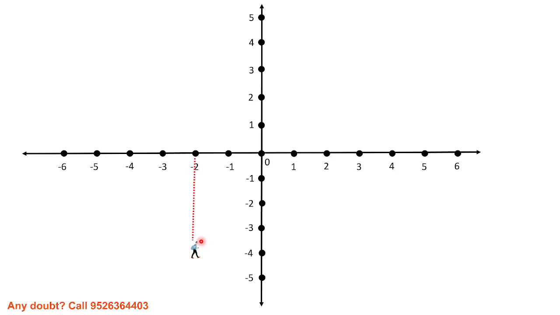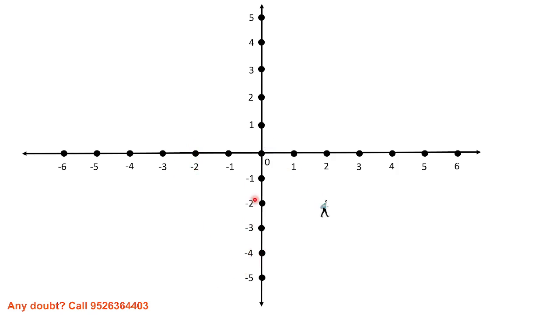Draw a vertical dotted line and a horizontal line. Its x value is -2, right? The x value is -2. The y value is -4. Is it correct? So -2 comma -4 is the position. Is that okay?